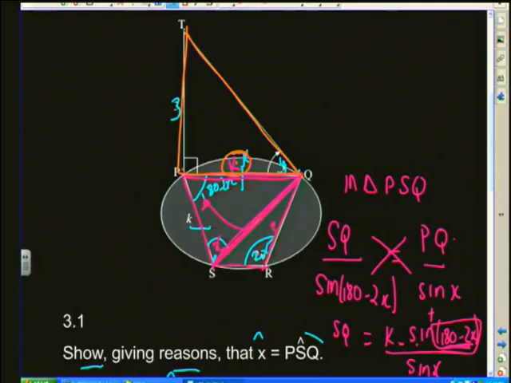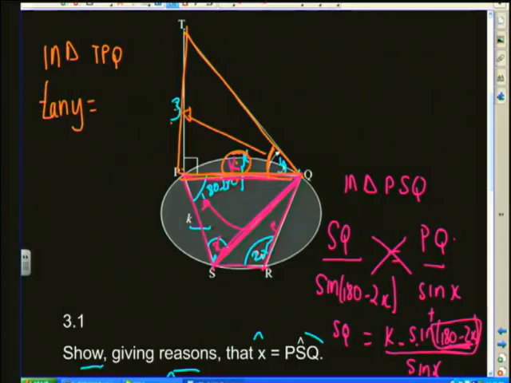All right? I've got a 90-degree triangle. So I'm going to say in triangle TPQ, what do I have? I'm looking for the adjacent side. I'm given that the opposite side is 3. So I can say tan of angle y is equal to opposite over adjacent.